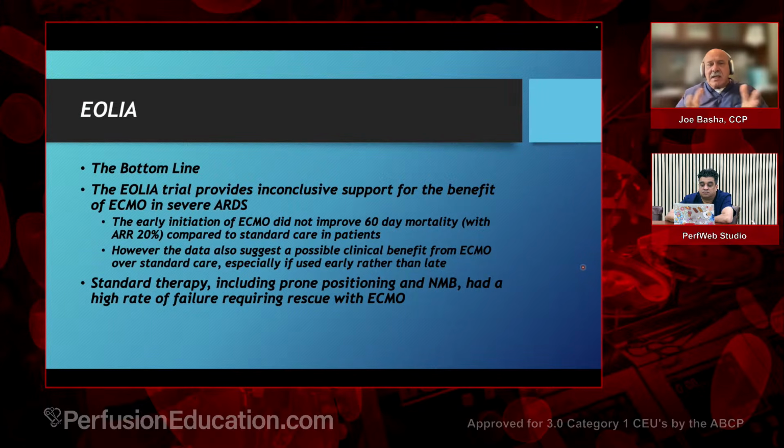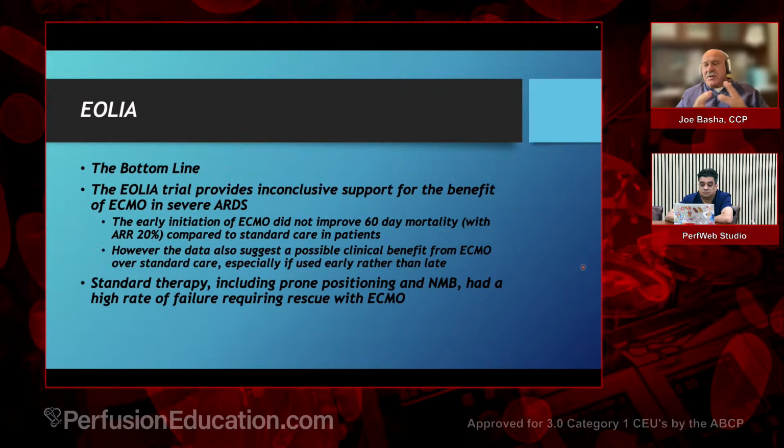But basically in EOLIA, there was a 20% reduction in relative risk of mortality in patients that used ECMO compared to standard care. However, that also suggests possible clinical benefit from ECMO over standard care, especially if used early rather than late.